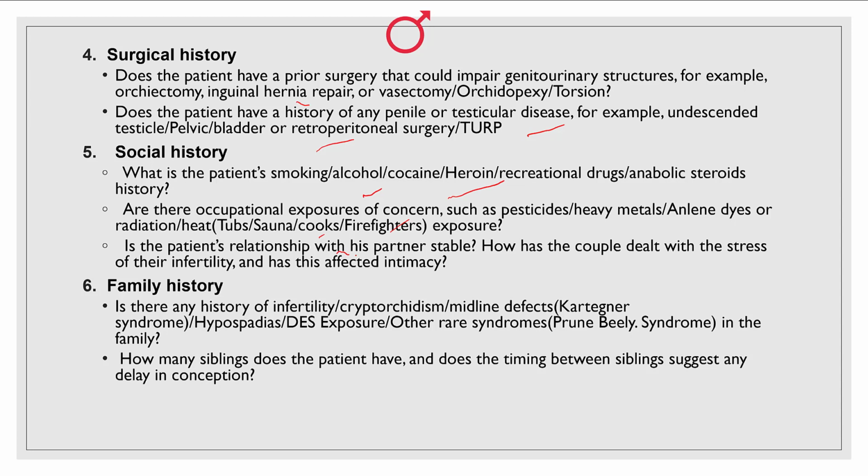And then as a routine, both in male and female partner, you need to have some idea about their strength of relationship, whether they are committed to each other, or if you are after treating, if you encounter pregnancy, then will they be sticking together to look after the baby, because you need to look after the welfare of the unborn baby as well. So you can't produce a baby and then the baby is not being cared by anybody.